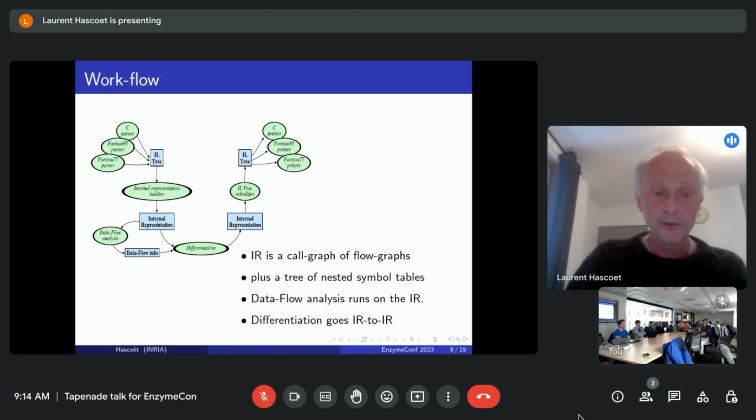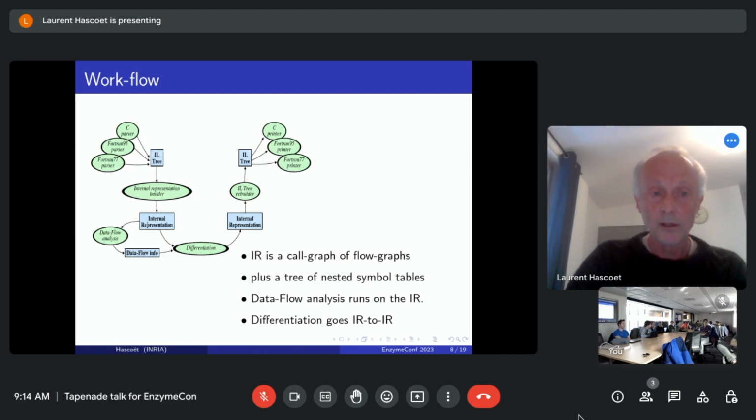So on the internal representation, first, we run a number of data flow analyses. Some are very classical: in-out, pointer destinations, for example, points-to. Some are specific to AD, such as activity analysis, TBR, and a few others.